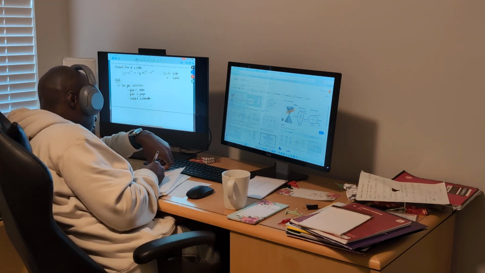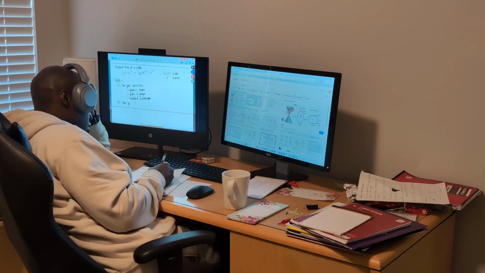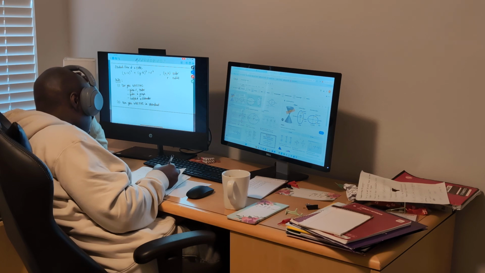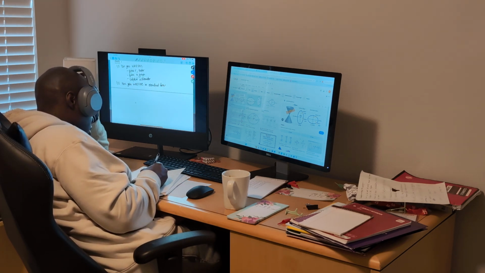And then the other skill we'll need is, can you write an equation for a circle in standard form? So that'll be the last one that we practice.